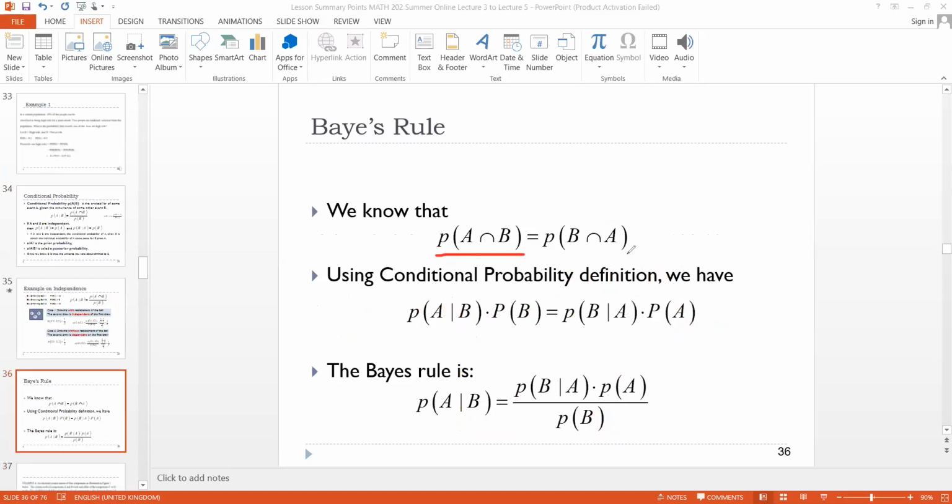From what we have studied so far, the probability of A intersection B is also the probability of B intersection A. So we can also say that the probability of A given B times P of B is also equal to the probability of B given A times the probability of A. By simplification, just dividing through by P of B, we can write that P of A given B is equal to P of B given A times P of A over P of B. That is the Bayes rule.